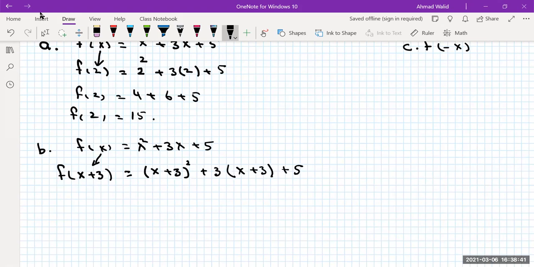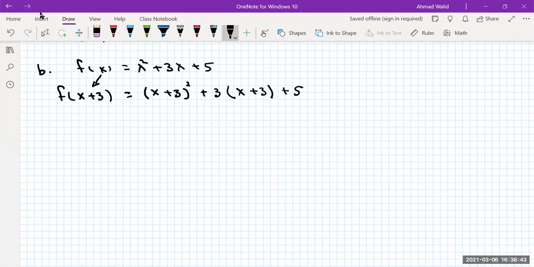Now, let's simplify. F of x plus 3 equals x plus 3 squared. Hopefully, it should be easy for you to write the answer immediately. If not, use this method, FOIL it, correct?